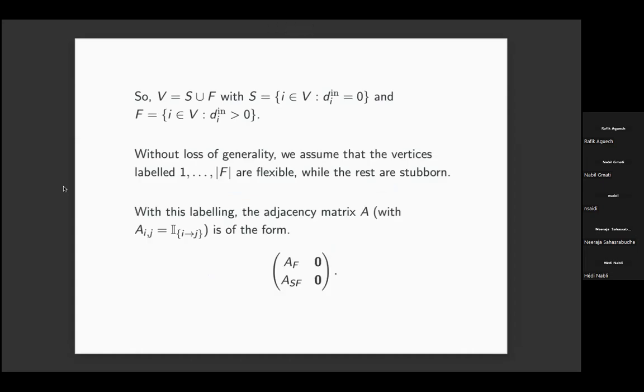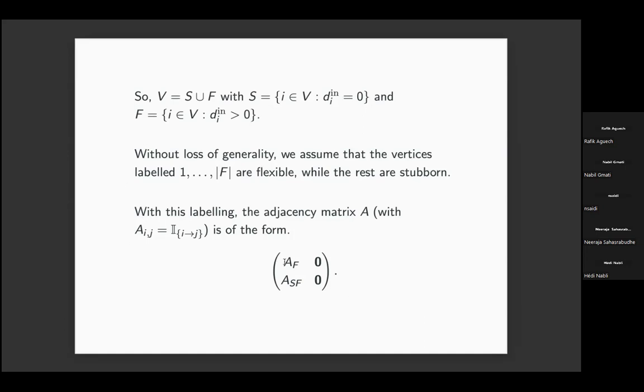Okay. So the last thing, there's a bit of notation here that I have to introduce to be able to write down the model properly. Once I have labeled my vertices like this, I can write my adjacency matrix of the graph. Remember, the adjacency matrix has entries Aij, which is 1 if i has an edge pointing to j and 0 otherwise.